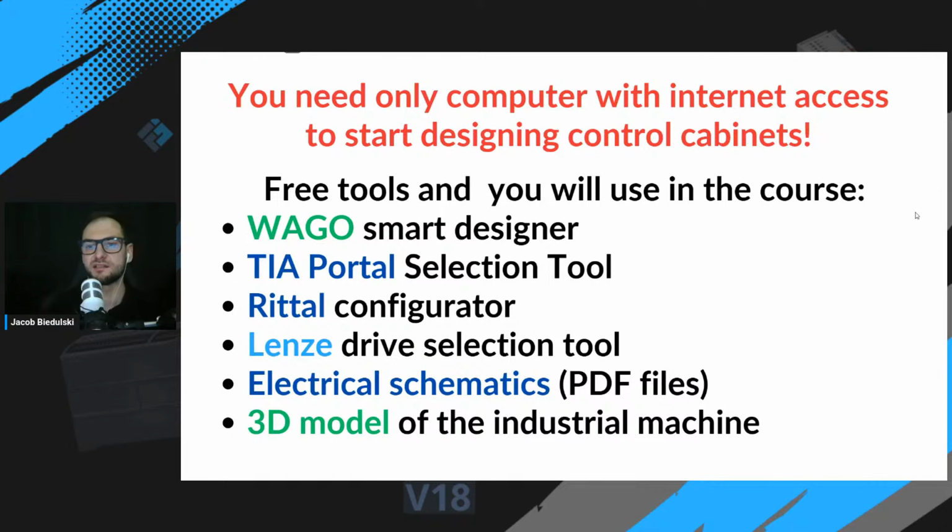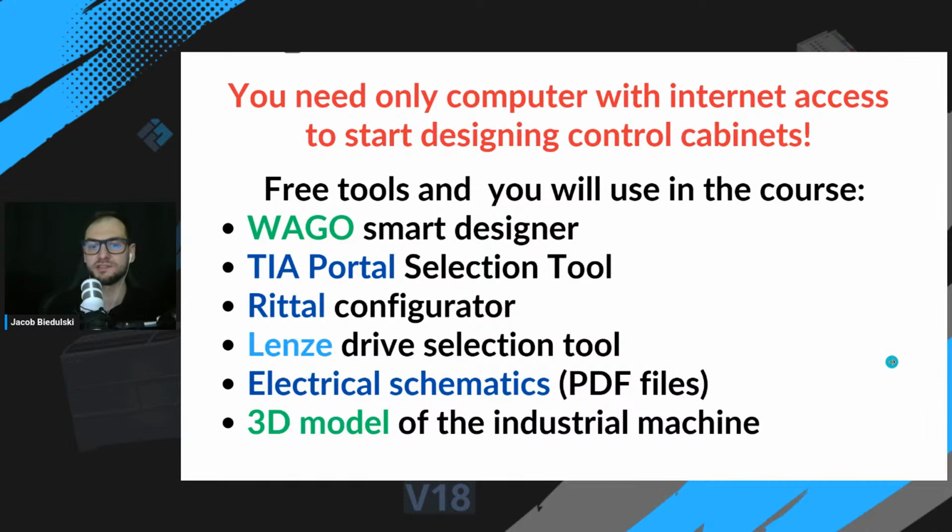So in the course, we'll use free software delivered by different manufacturers of automation equipment. You will use Wago Smart Designer, TIA Portal selection tool, Rittal configurator for building control cabinets. You will use Lenze drive selection tool for calculating drives.